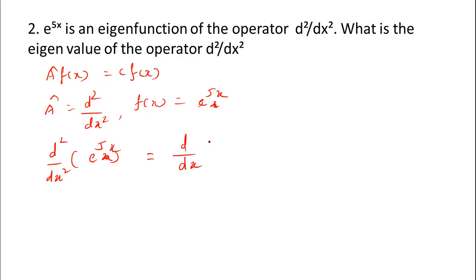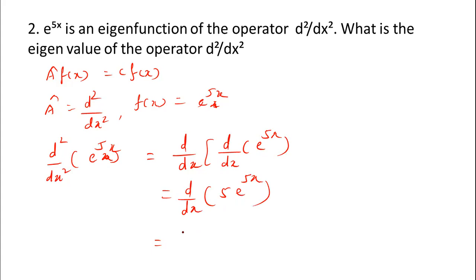Let us take the first derivative, d by dx into e raised to 5x. The derivative of e raised to 5x is 5 into e raised to 5x. So it is equal to 25 into e raised to 5x.